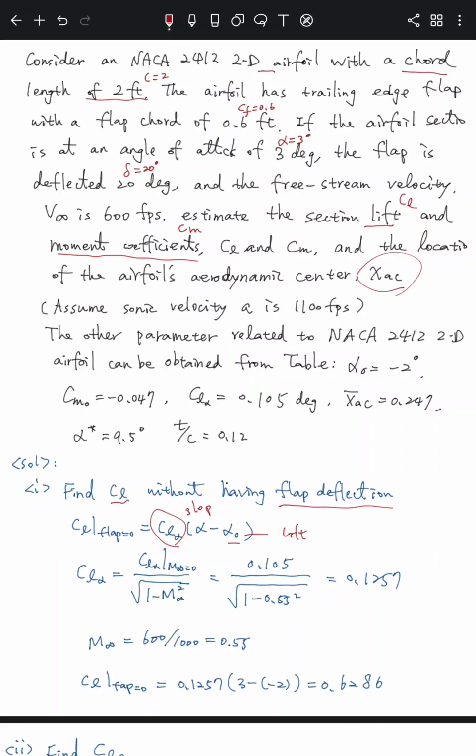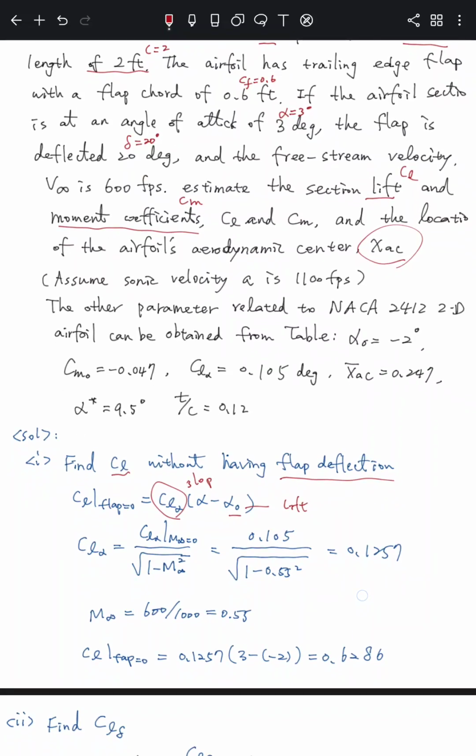We use this formula as we have seen above. The Mach number is 0.555, and CL alpha when the airfoil is stationary is 0.105.